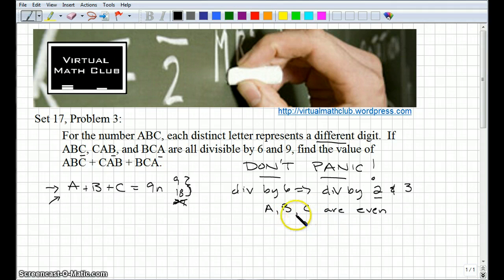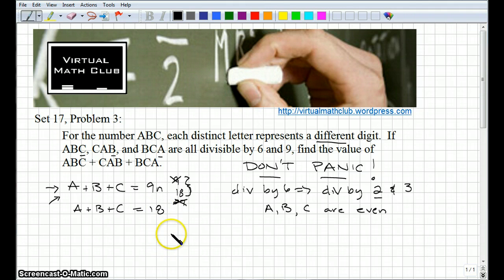Any two even numbers that you pick, the sum is going to be even, and if you add another even number, it's going to be even. So the sum of these numbers has to be even as well. That eliminates the 9. We can't add up three even numbers and get an odd number, which 9 would be. So now we know that A plus B plus C equals 18.